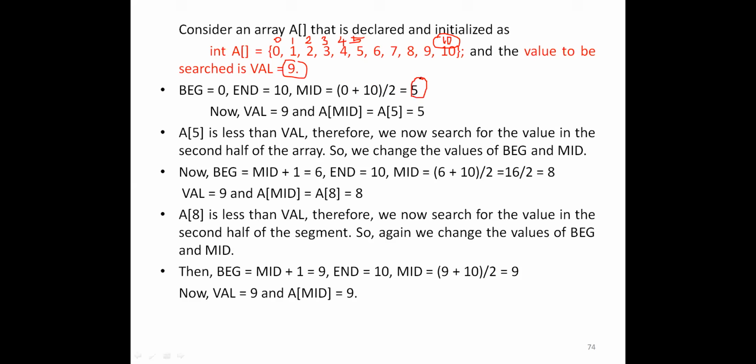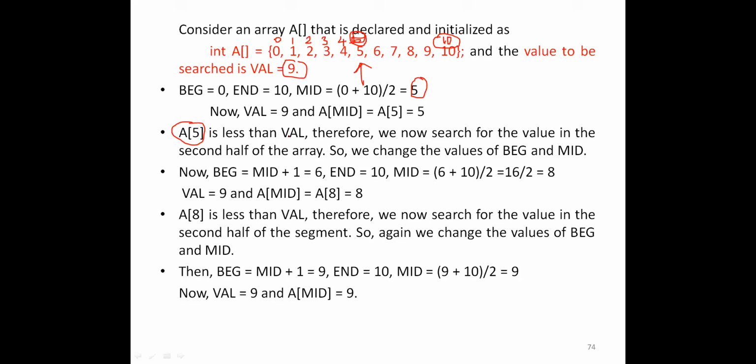So now the middle is 5. This is the decision point where I have to move towards the left or right side. A of 5 is 5; the value is 5.